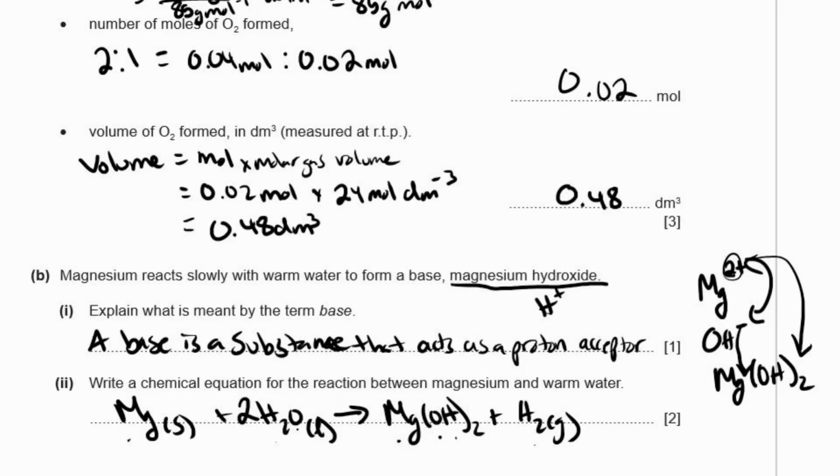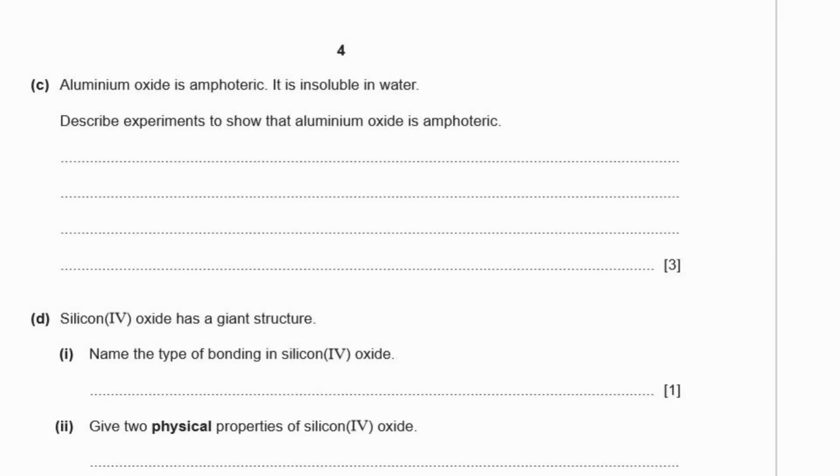And if you didn't know that it produced hydrogen gas, you could work out that it has to be hydrogen gas, because the only way of doing this would be to get these other 2 hydrogens, because now we have 4 hydrogens on the reactant side, and just put it as H2 gas. Okay, that's really the only way it balances. So that's a balanced equation.